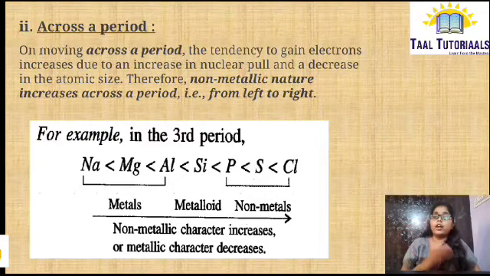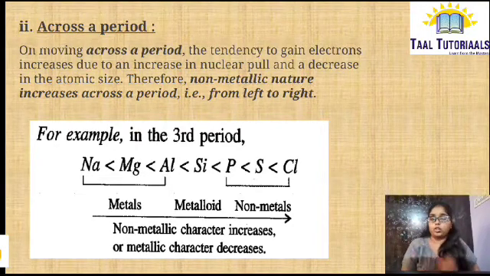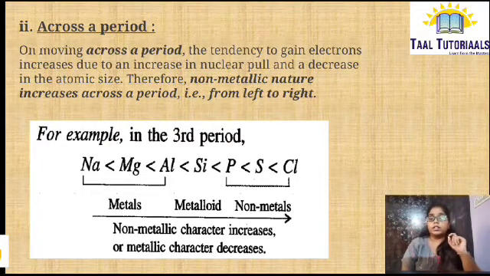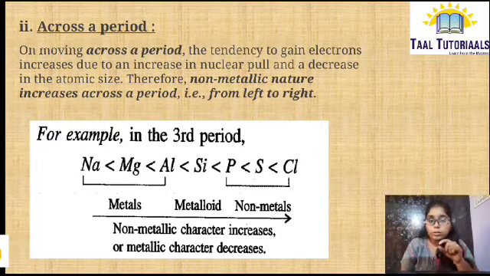And across a period, there is a decrease in the atomic size. For example, this is the third period: Na, sodium, magnesium, aluminum, silicon, and then the non-metals. See, there is an increasing non-metallic character.